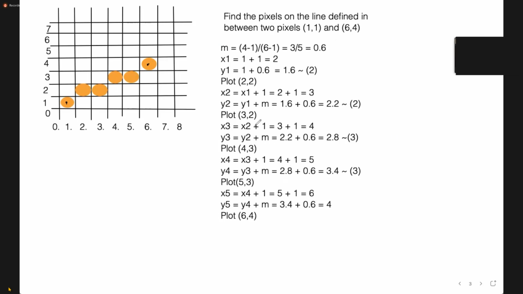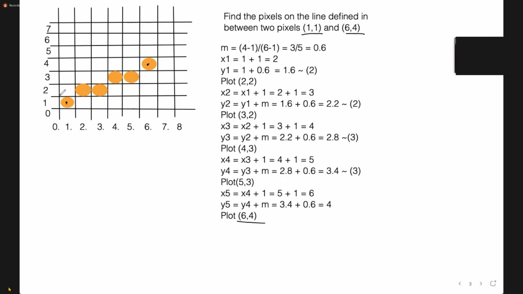The starting point 1, 1 we have already plotted, and the ending point 6, 4. The calculation is done. It should be continuous. Continuous means there are no gaps. Are there any gaps in between these lines? No.